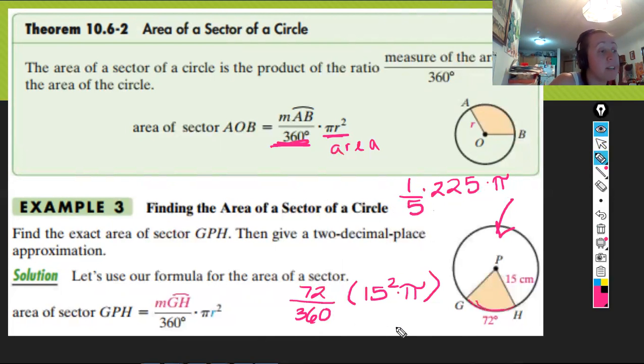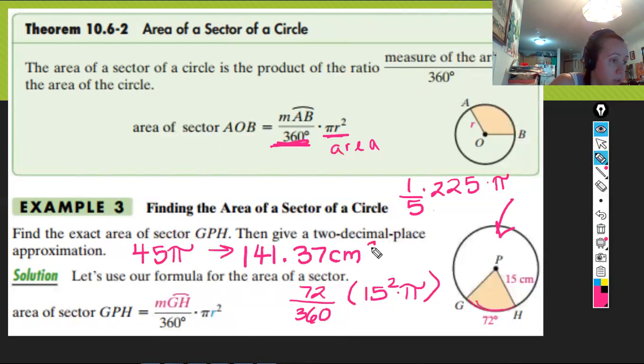So my final answer for area of a sector is 45 pi. If I want the approximate answer, I multiply by pi in my calculator and I get 141.37 centimeters squared. That's the area of that section.